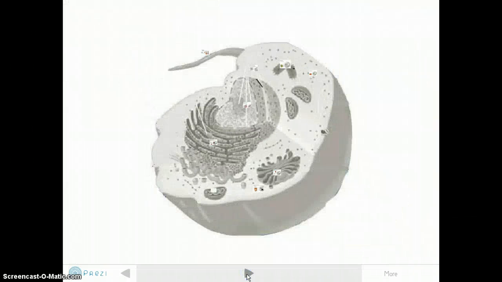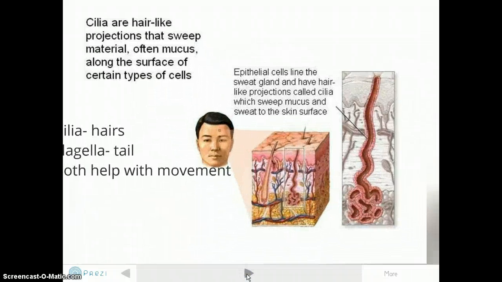Okay, we're almost done with our animal cell. Sometimes animal cells have two structures called cilia and flagella. So on your list, you're actually going to add these in. On the bottom of your paper, add in cilia and flagella.